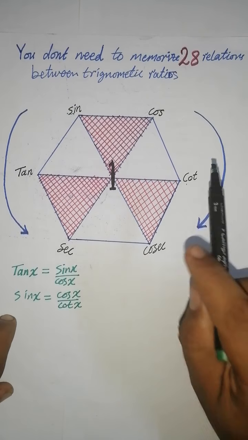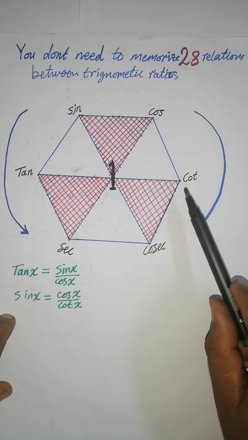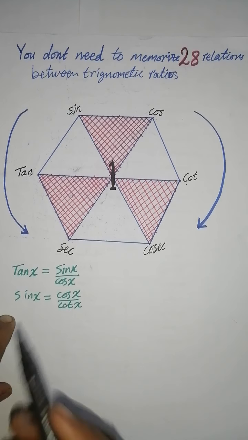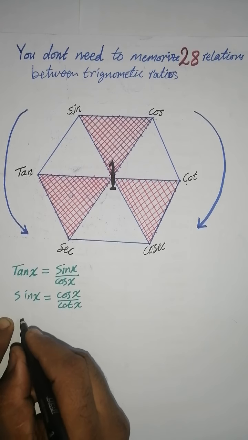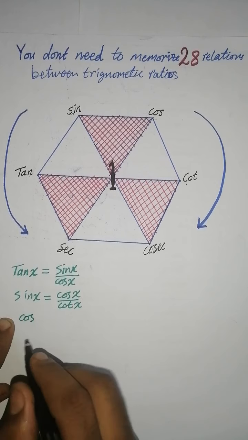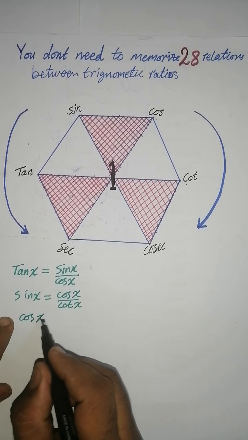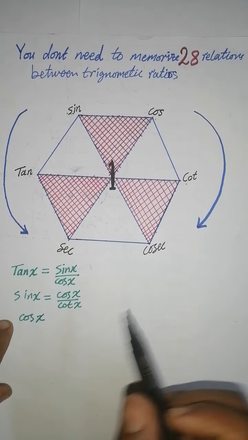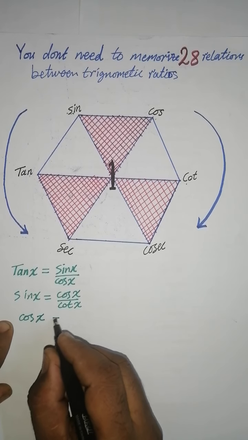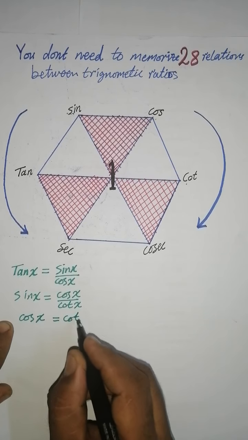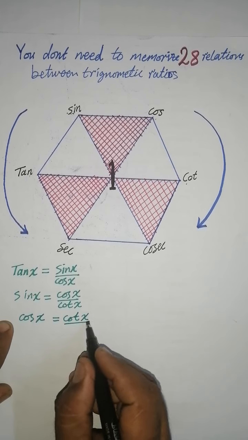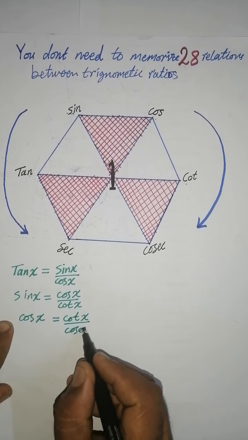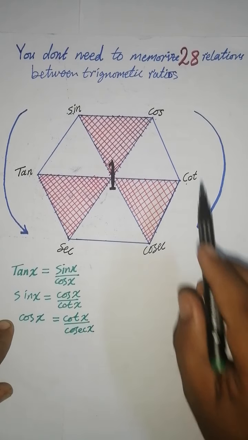By this way, okay? So if you go to cosine, you will say cotan over cosec. So let us go to cosine. Cosine x, this one, equals cotan x over cosec x. And so on.